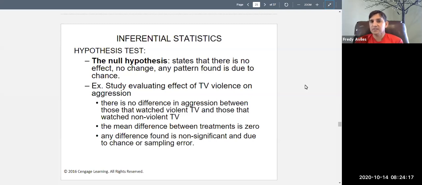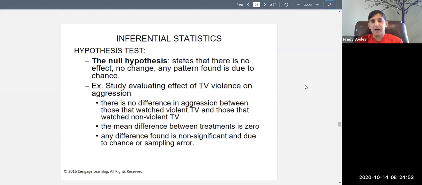It says that the mean difference between the treatments is 0, that the difference between the averages in aggression of the two samples of kids is 0. Maybe it's not exactly 0, but it's pretty close to 0. It might as well be 0. It says there's no difference.